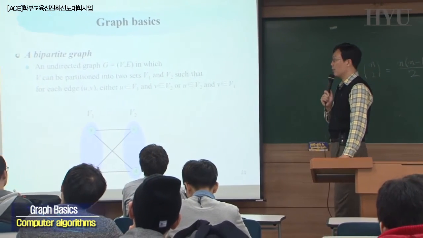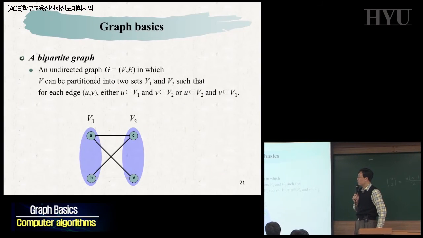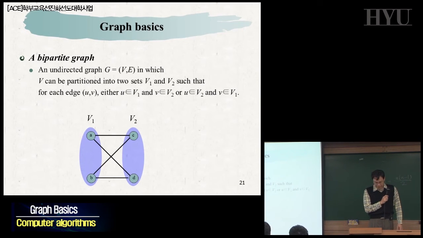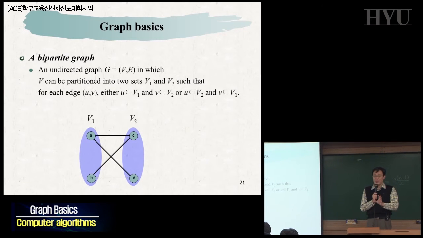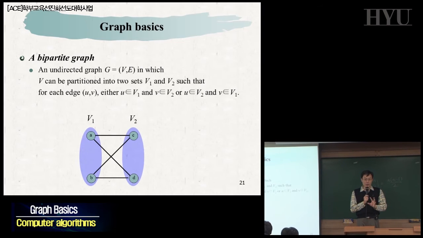And then a bipartite graph. It's an undirected graph, and in the graph, the vertex set can be partitioned into two subsets, V1 and V2, such that for each edge UV, they should be in different partitions.